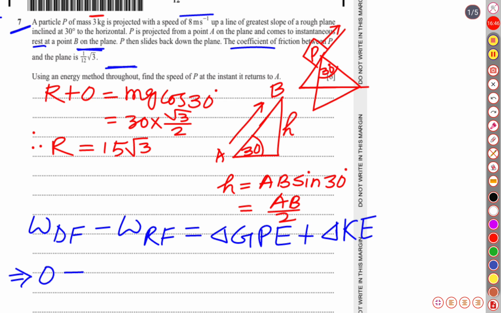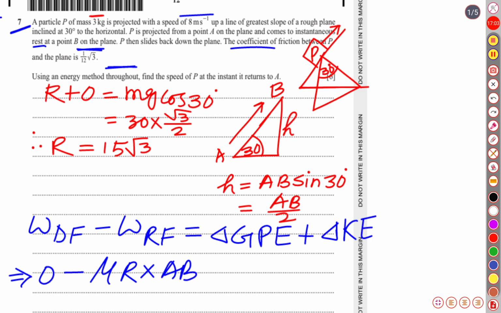First of all, we'll have to find the frictional force. So frictional force is mu R, and the work is force into displacement. Displacement is AB.